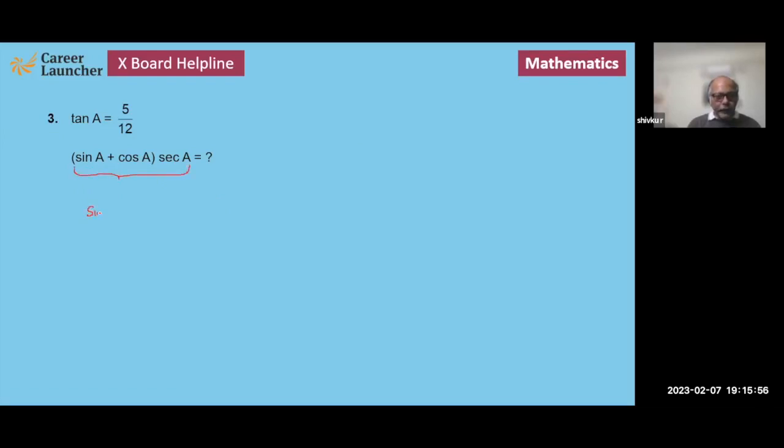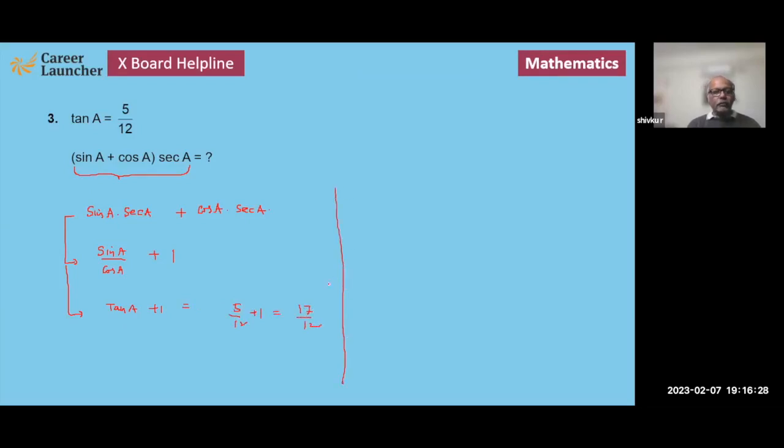So I will get sin A into secant A plus cos A into secant A. This becomes sin A by cos A plus 1, which we already know is tan A plus 1. So the answer will simply be 5 by 12 plus 1, that's equal to 17 by 12.